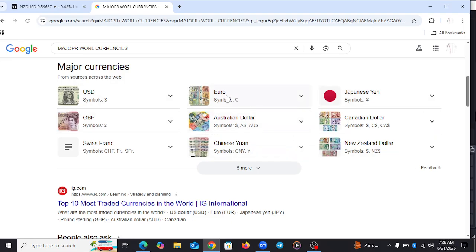So take for example, if you have the euro crossed with the Japanese yen, that's EUR/JPY, that's a minor currency pair. We have the Australian dollar crossed with the Canadian dollar, AUD/CAD, that's a minor currency pair as well. Minor currency pairs are just major currencies crossed with each other. That's the simplest form of it.